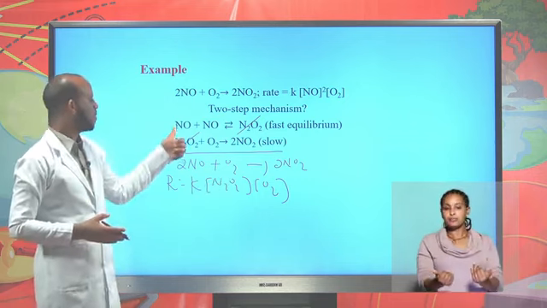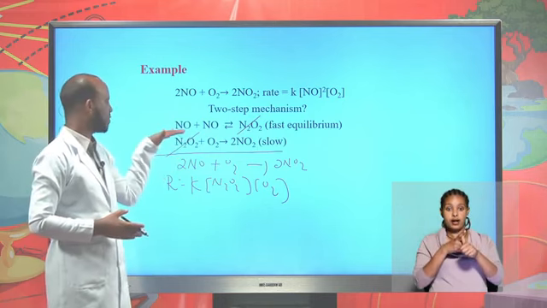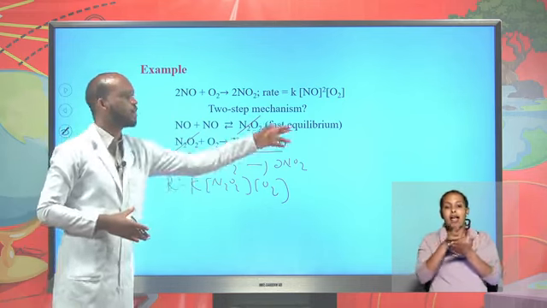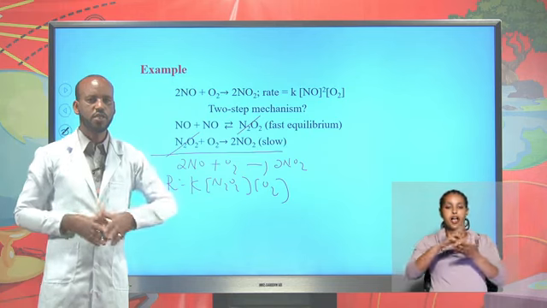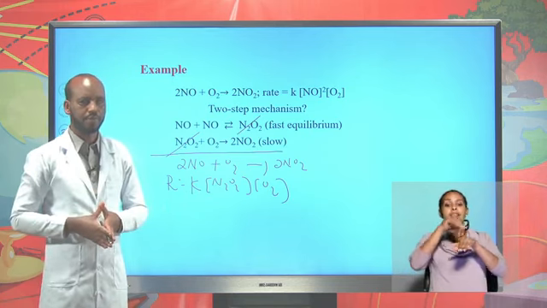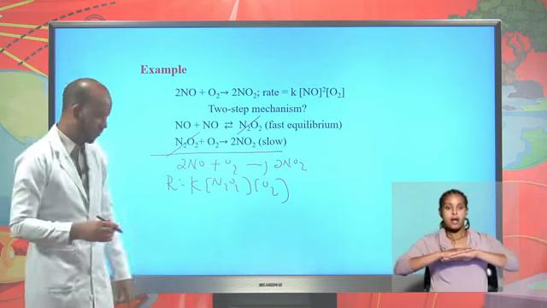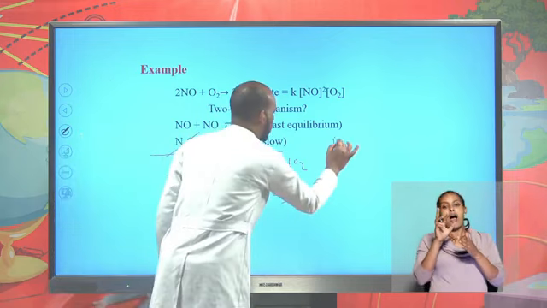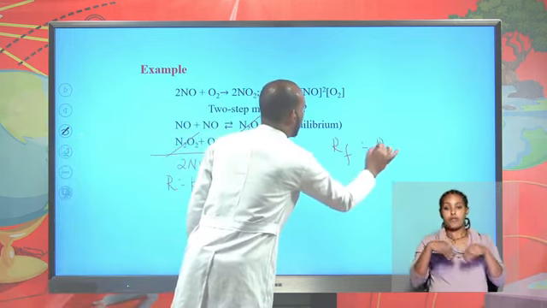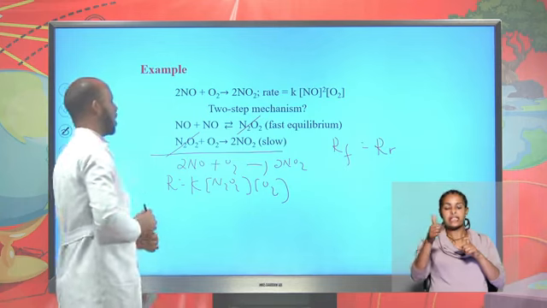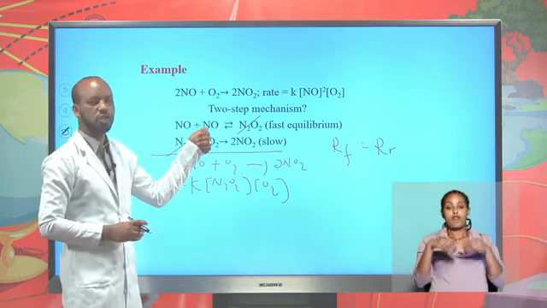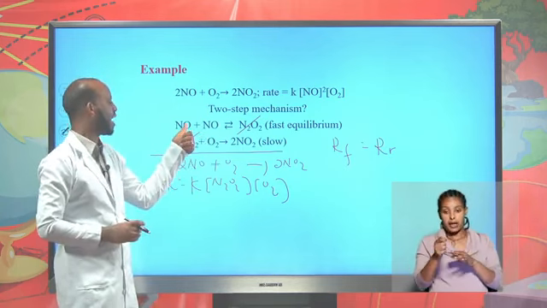Now, step 1, this elementary reaction, is an equilibrium reaction. A reaction is said to be at equilibrium if and only if the forward rate equals the reverse rate. The forward rate depends on the concentration of the reactant.